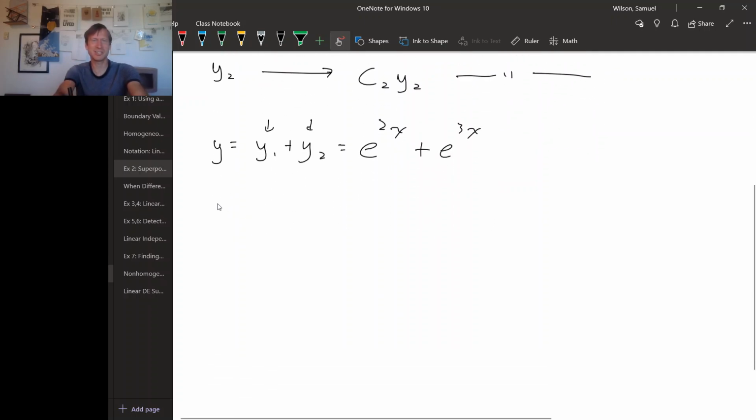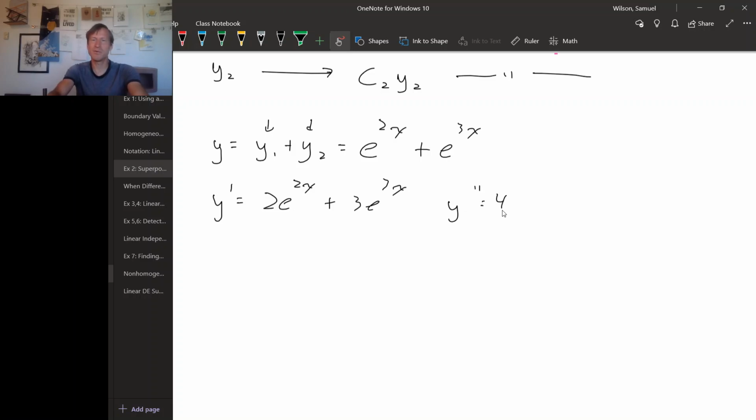So let's do that just to check. So y prime is going to be 2e to the 2x plus 3e to the 3x. y double prime is going to be 4e to the 2x plus 9e to the 3x.